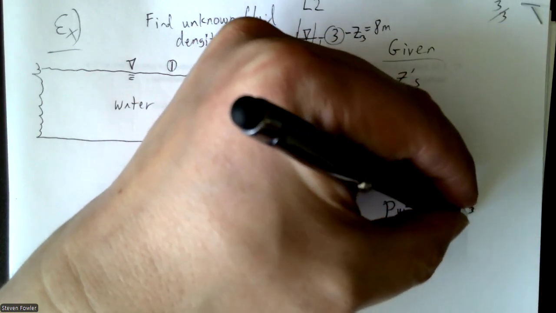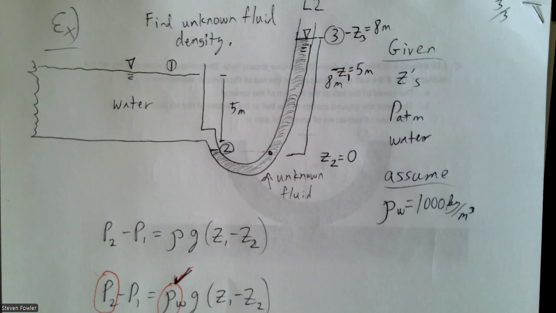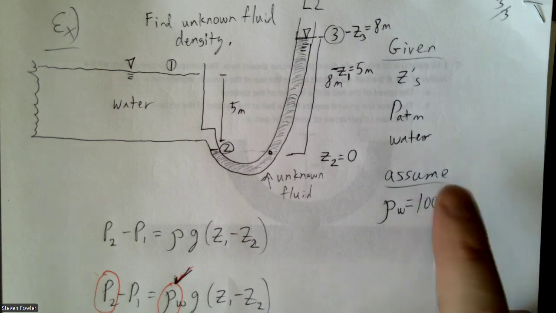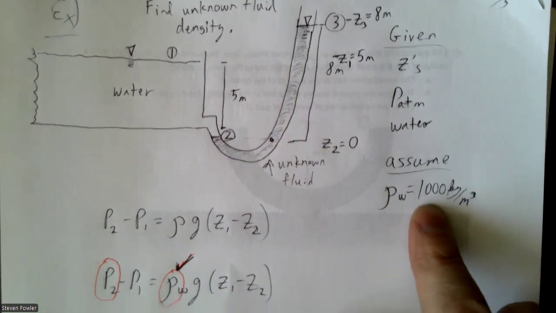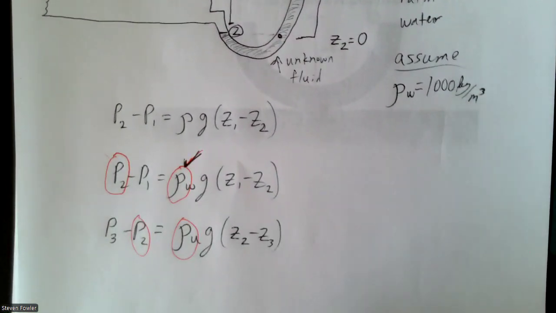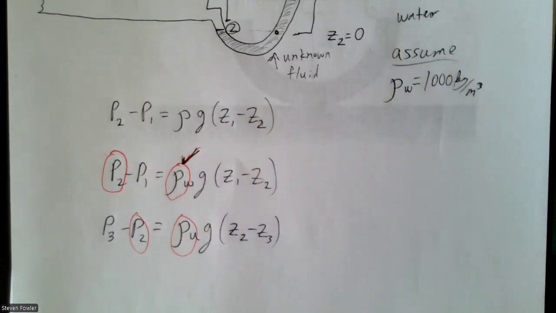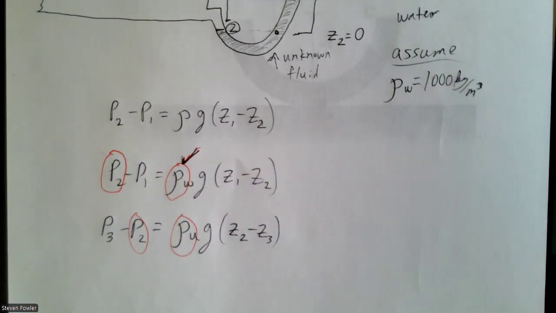I did say after chapter three, be very careful making that assumption, because after chapter three I'll have the tools I need to determine if the water is in liquid form. It's not a guarantee, and a lot of times it won't be in liquid form. But if I make this assumption, the density of water is now a known value.